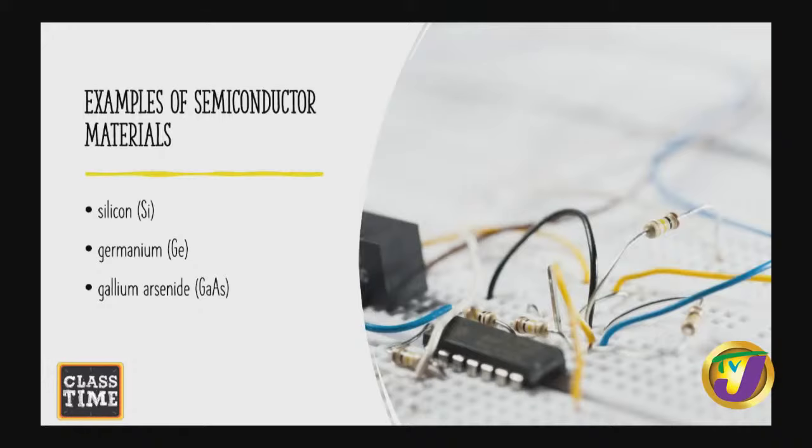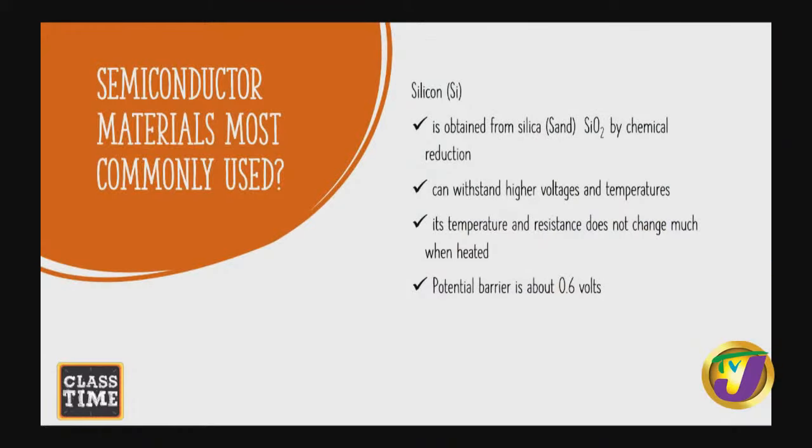Now, let's take a look at silicon. Silicon is obtained from silica, and as you hear that term, you should be thinking of sand. It has what we consider to be a high resistance to voltages and temperatures.